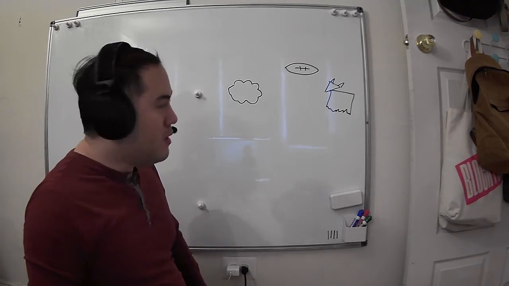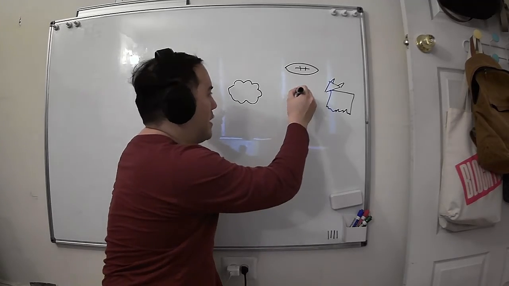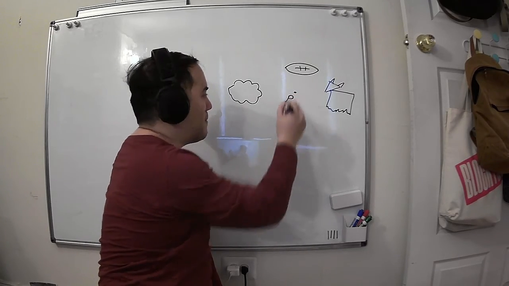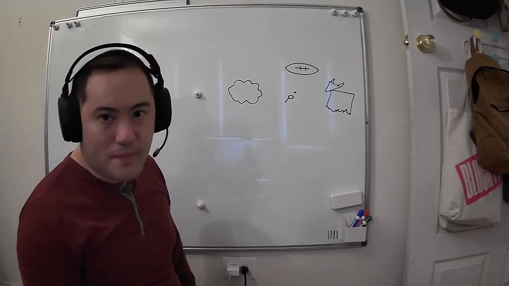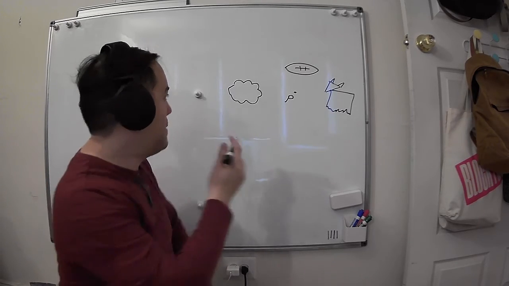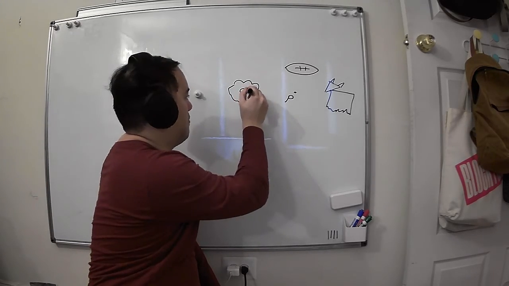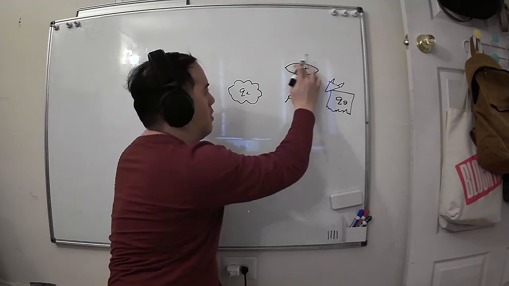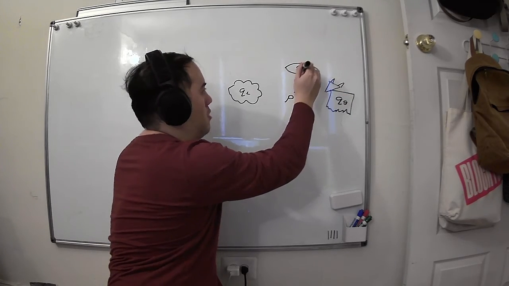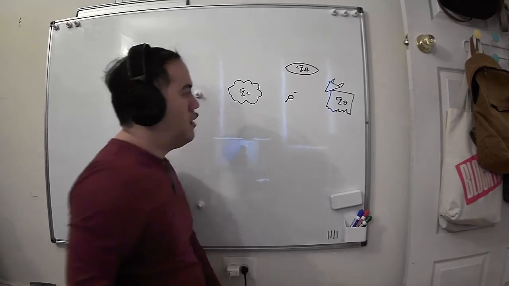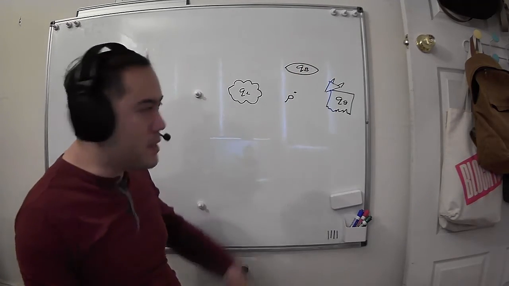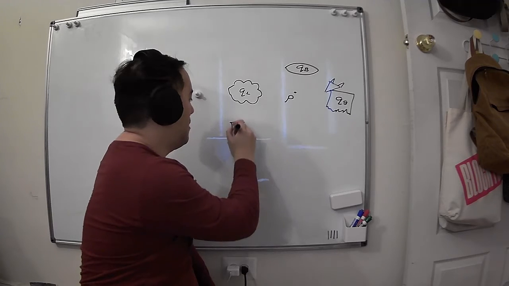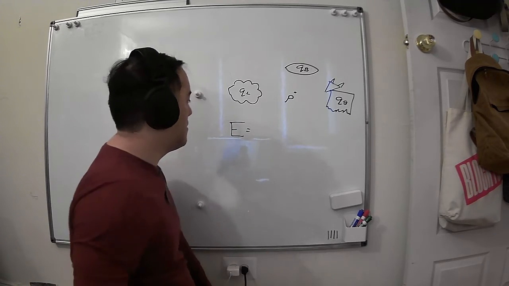Well, if we want to find the field at this point, we always call the points P because the point starts with P. We could find the electric field at point P by adding up all the electric fields.